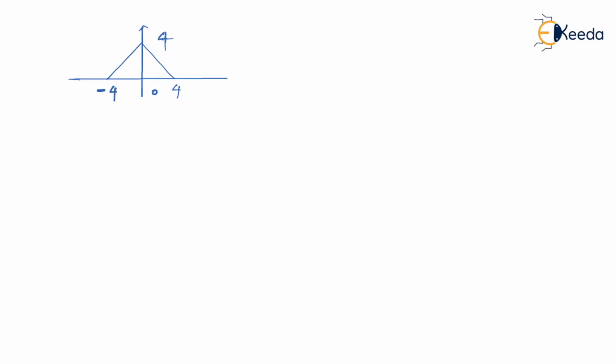This is your x of t. After modification, it has become y of t, which they have provided like this. It is present from -2 to 0, and the new amplitude is -1. So this is what they have given to us.